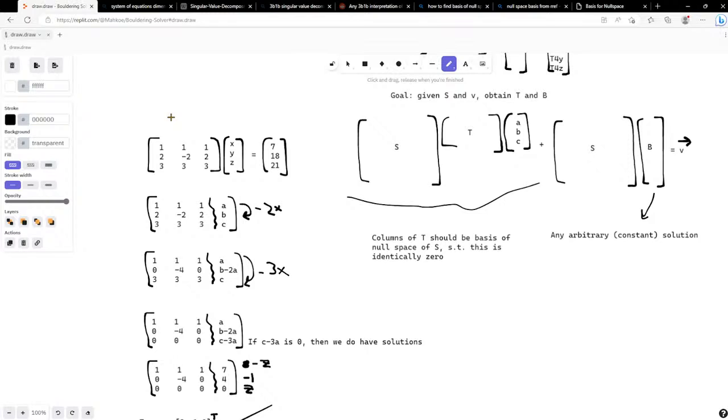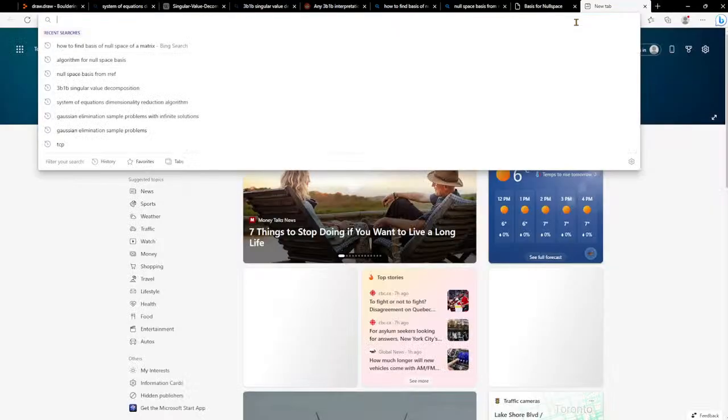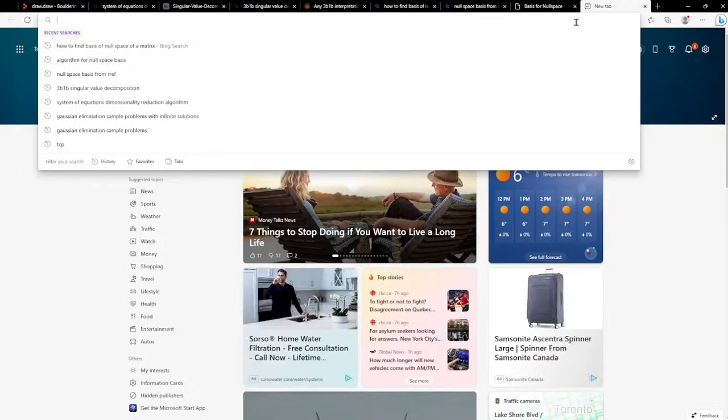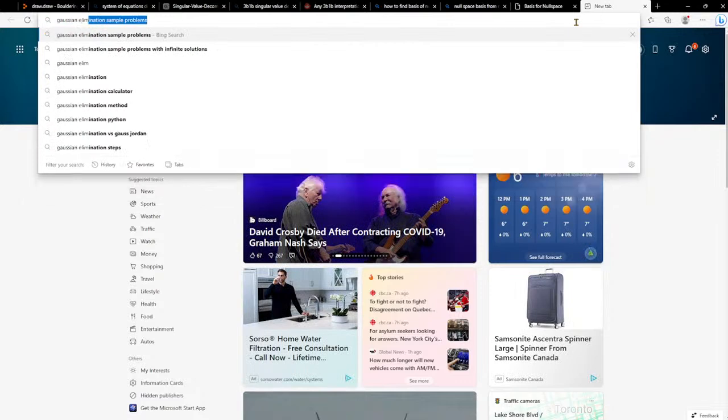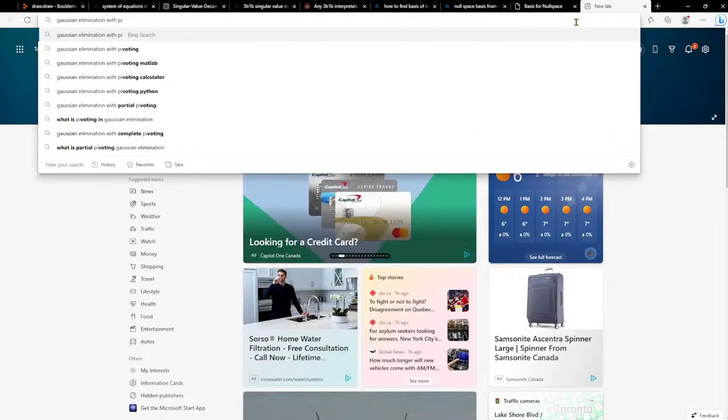And also there's this notion of pivoting. All right, let's try and figure that out too. Gaussian elimination with pivoting.